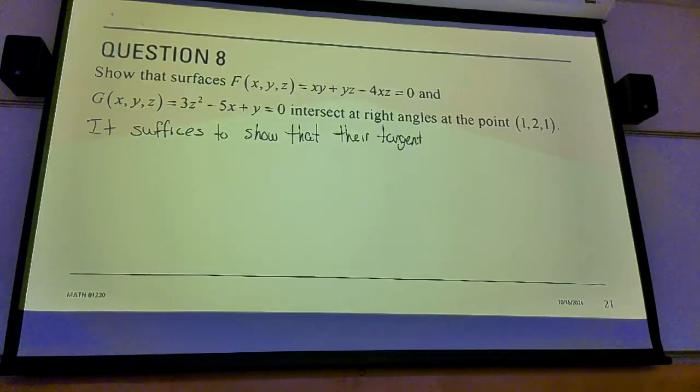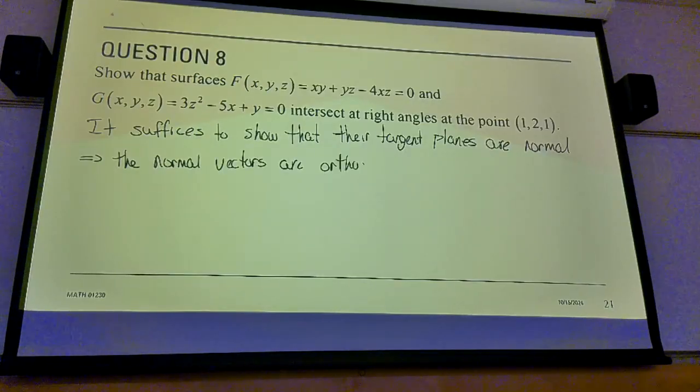It would suffice to show that their tangent planes are normal, meaning they intersect at a right angle. Which means their normal vectors are orthogonal. That's what we want to show.